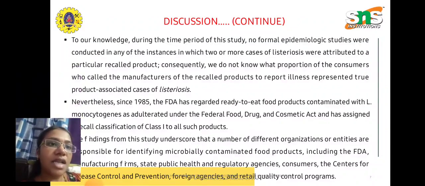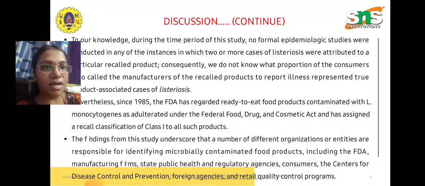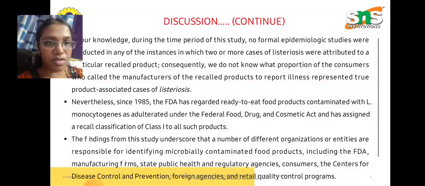We do not know what proportion of customers called the manufacturers of the recalled products to report this type of illness; they represented two product-associated cases of listeriosis. Nevertheless, since 1985 the FDA has regarded ready-to-eat food products contaminated with Listeria monocytogenes as adulterated under the Federal Food, Drug and Cosmetic Act, and has assigned a recall classification of Class 1 to all such products.